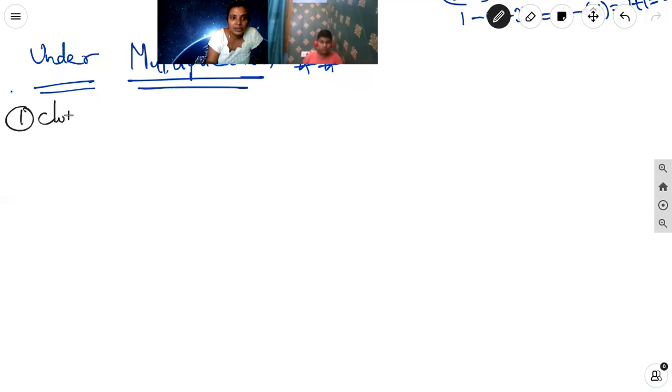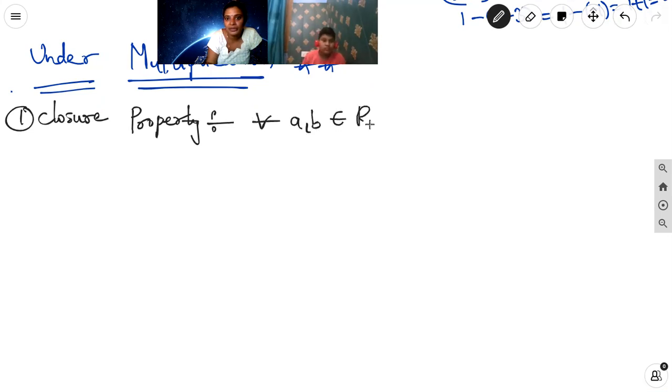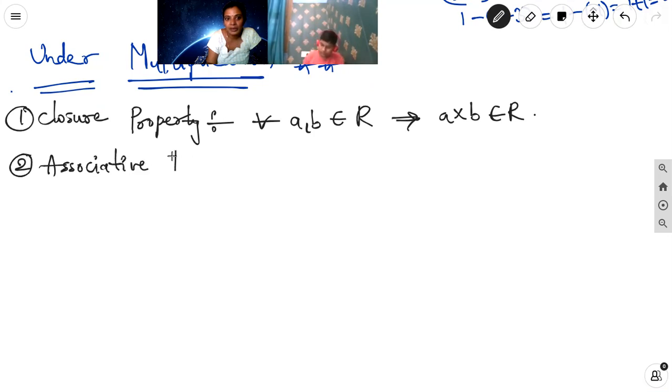First property is the closure property. Take any two elements A, B belonging to the set capital R, then A into B belongs to capital R. That is the closure law or closure property. Second one is the associative property.